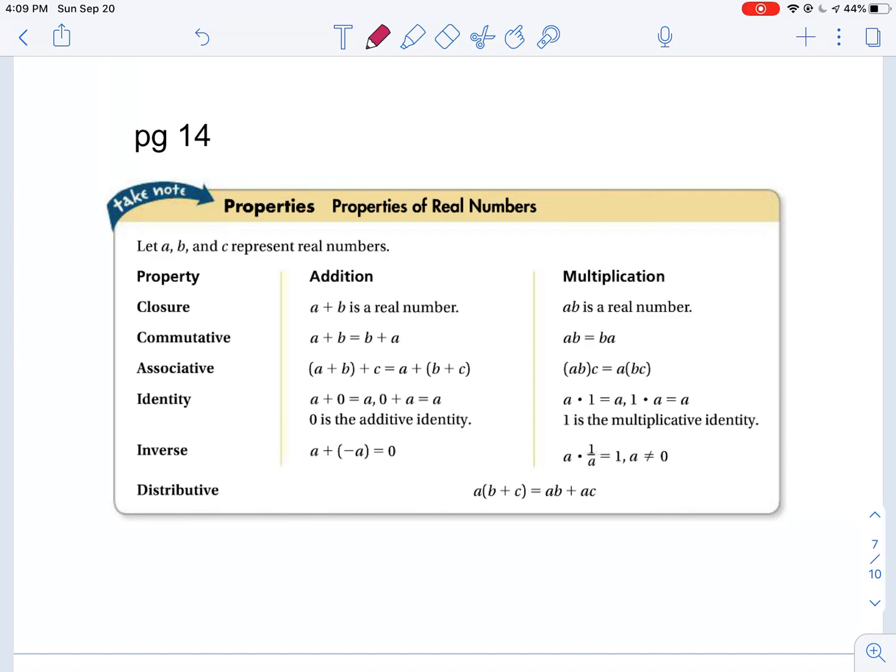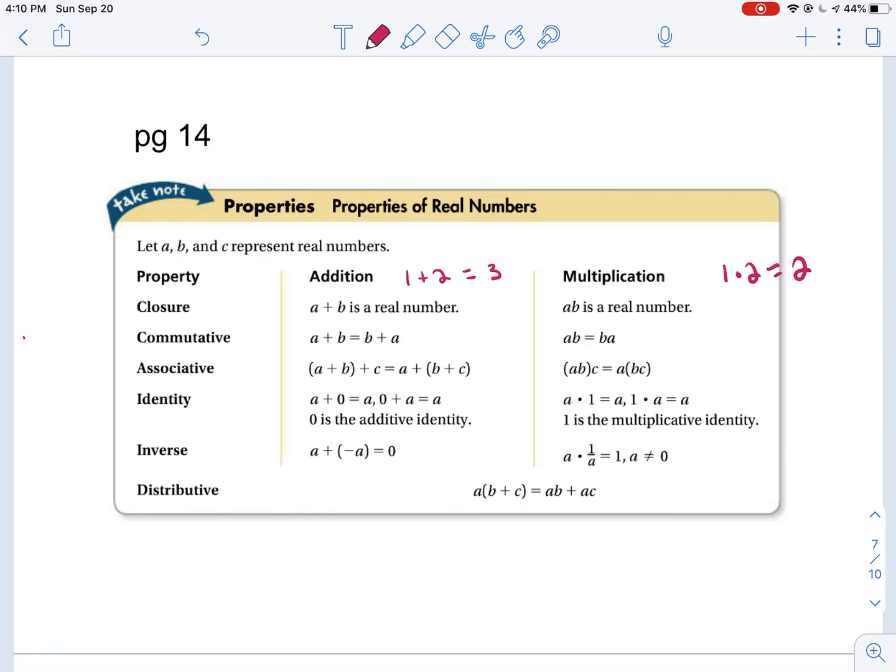For instance, if I add 1 plus 2, we know that's equal to 3. 1's a real number, 2's a real number, 3's a real number. Same thing with multiplication. 1 times 2 equals 2. 1's a real number, 2's a real number, and the answer 2 is a real number. So that's what closure means.